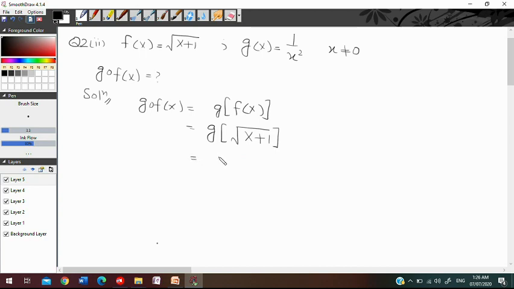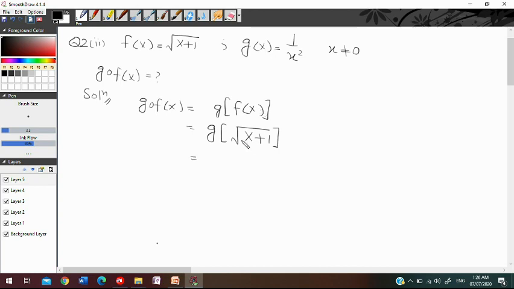Now what we do here: we know that g of x is a function such that when we substitute x in this function g, we get 1 divided by the square of this x. So consider this under root x plus 1 the same as this x.